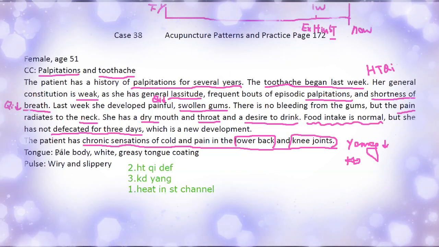Now let's see the tongue and the pulse. A pale tongue can come from yang deficiency, qi deficiency, or blood deficiency. Certainly for this patient, it's mainly yang deficiency and qi deficiency. And with a greasy tongue coating: usually people with dampness or phlegm may have a greasy coating.